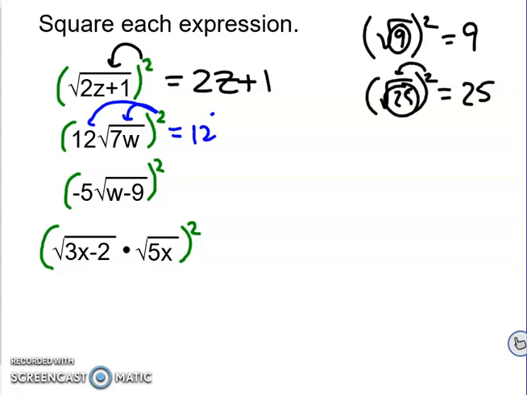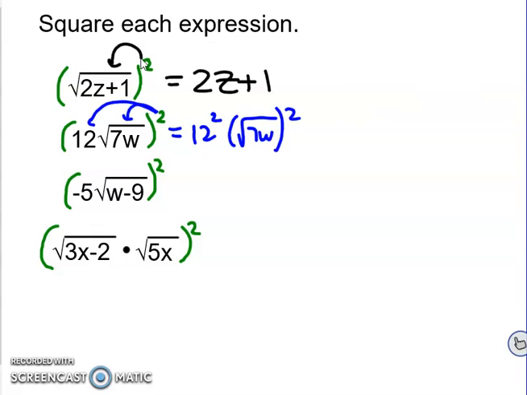So this problem here, we're squaring the 12, and we're squaring the square root of 7w. So 12 squared is 144. And the squaring of the square root of 7w is simply 7w. So we end up with 1008w.